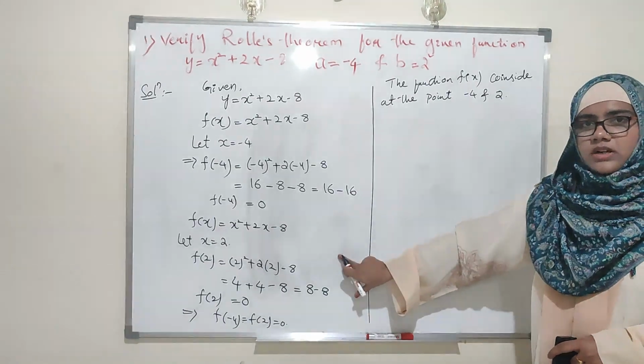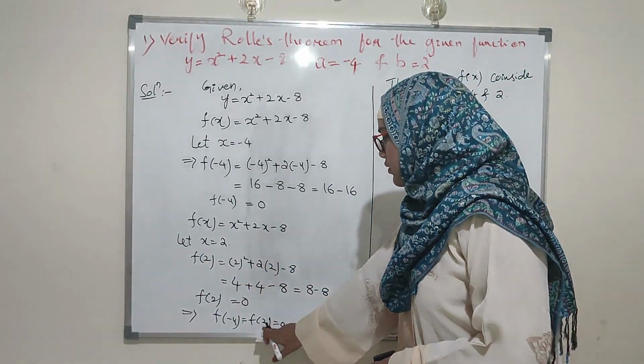So this is the first part of Rolle's theorem, where we have proved f of a equal to f of b.